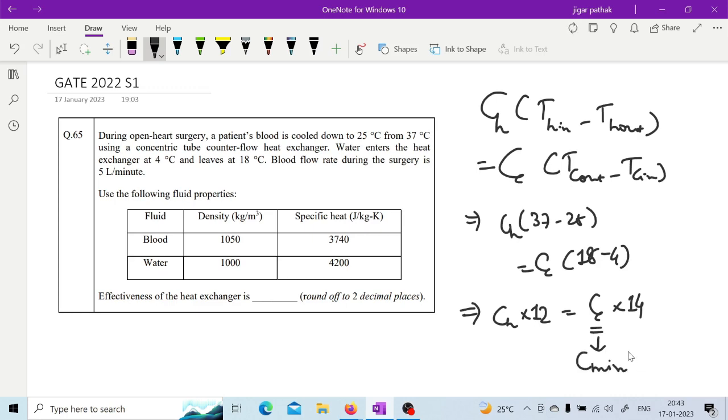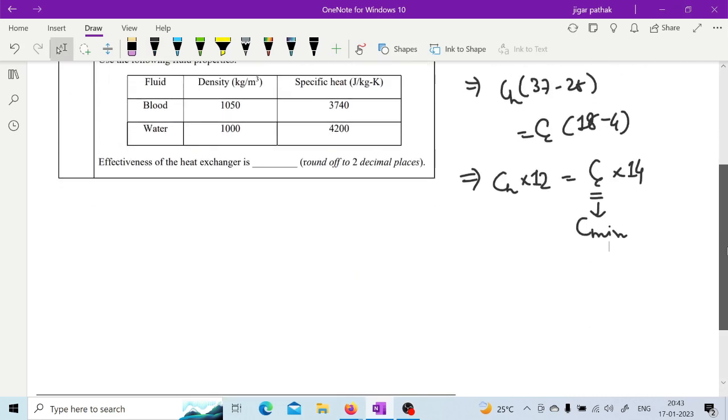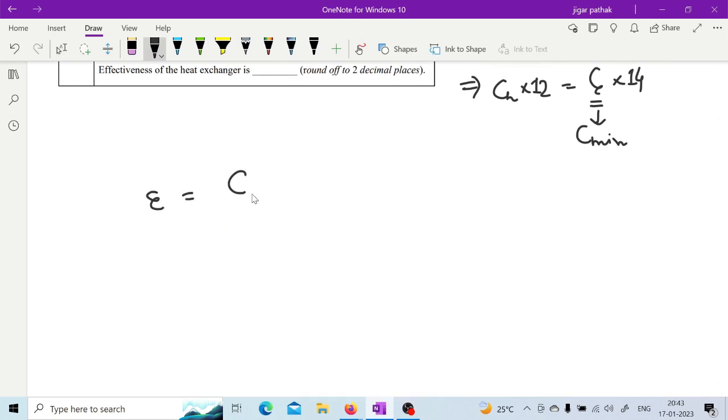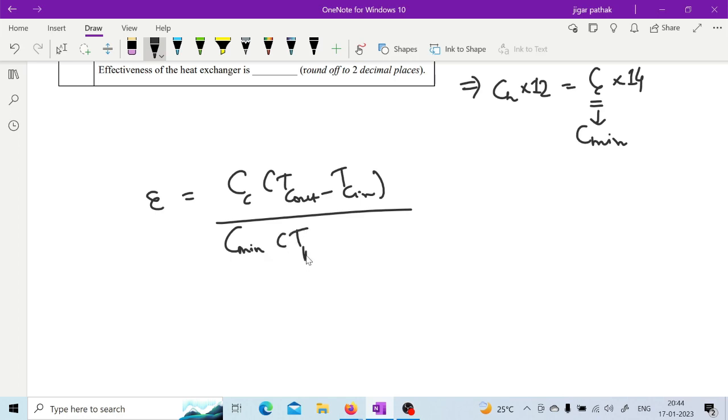So once you know this, then you can apply the effectiveness equation. This is CC into TC out minus TC in upon the C min into TH in minus TH out, right? So this will give effectiveness equals TC out minus TC in, you know, right? 18 minus 4.